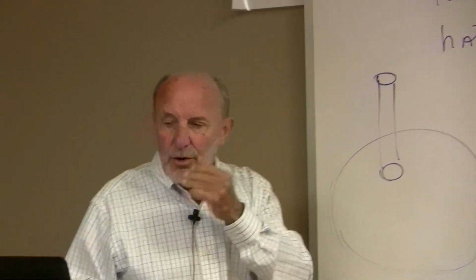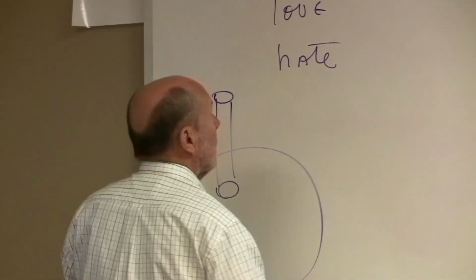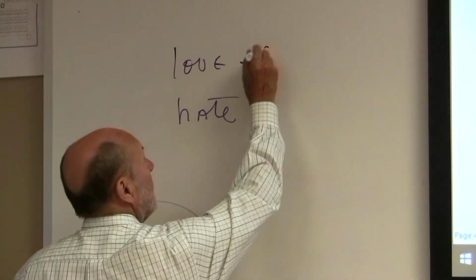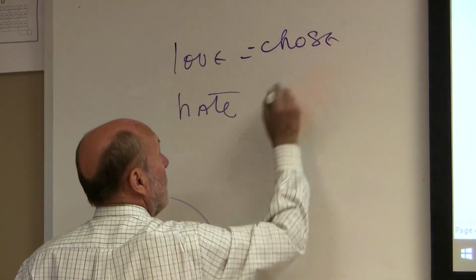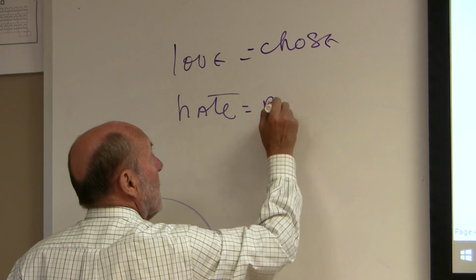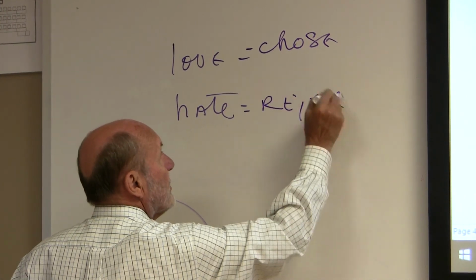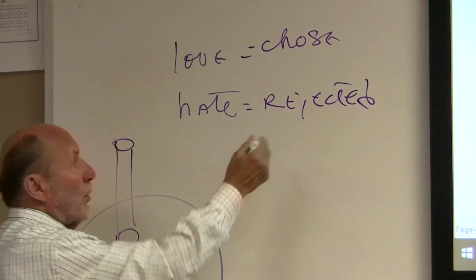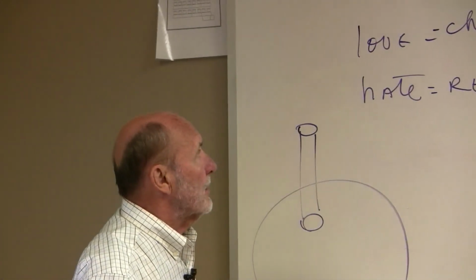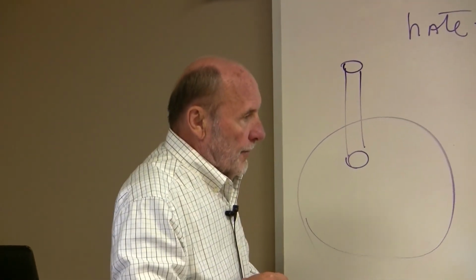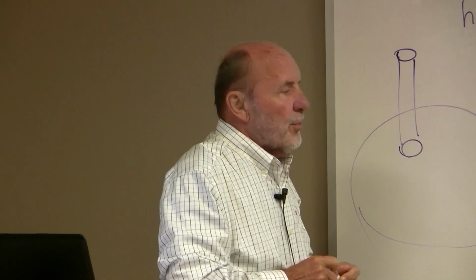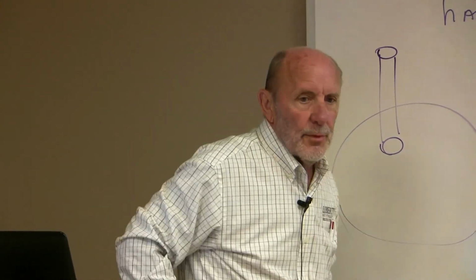In other words, to come up with English words that would be more accurate, in the context of law, it would be chose and didn't choose, or chose and rejected. This even plays a part in the teachings of Jesus.